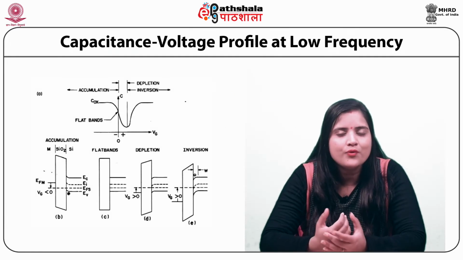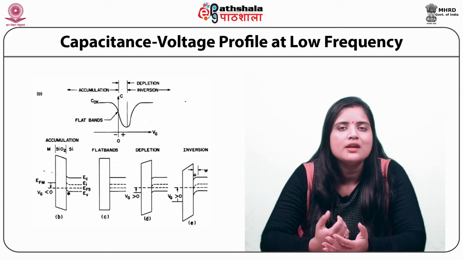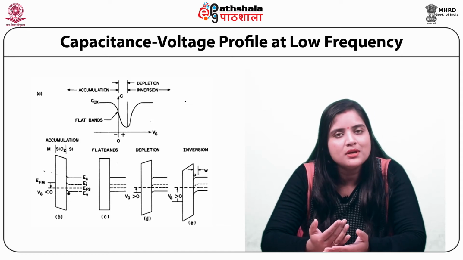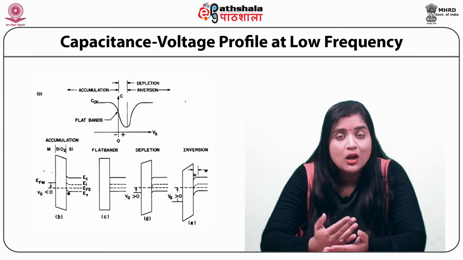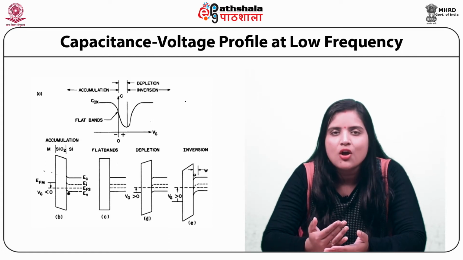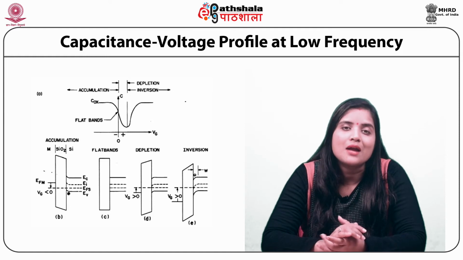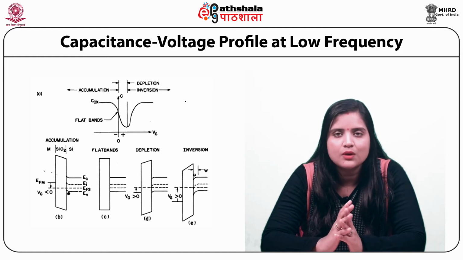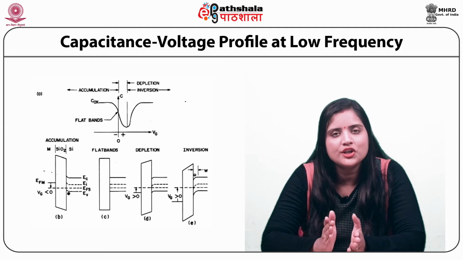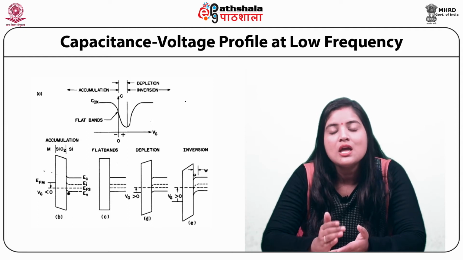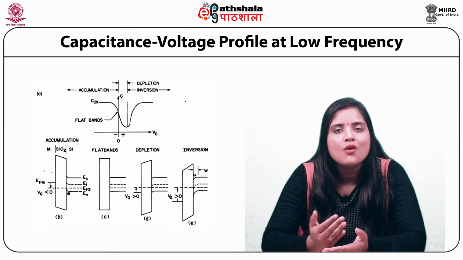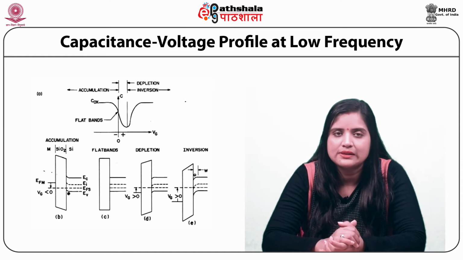Theoretical low frequency CV curve is represented in the figure. By sweeping the gate voltage, different regions of the CV curve can be obtained. Considering a p-type silicon wafer, the first region is the accumulation region. This is obtained for negative gate bias.